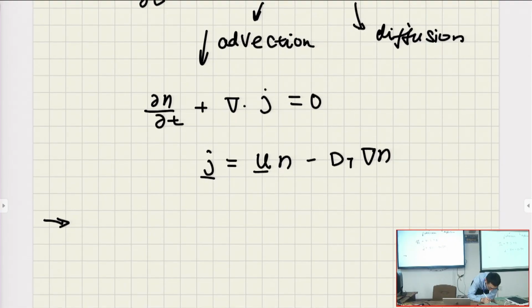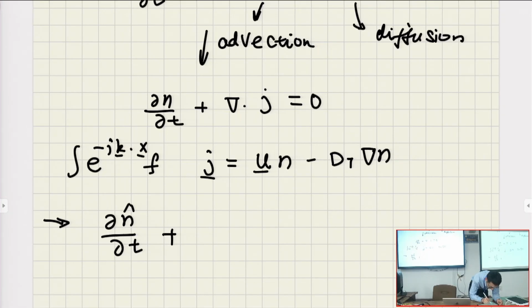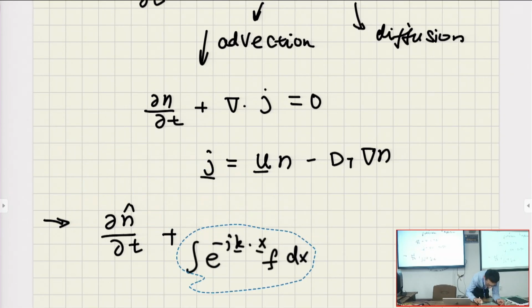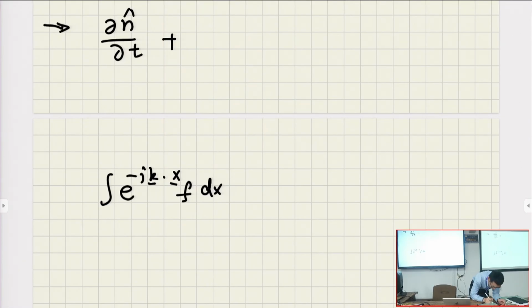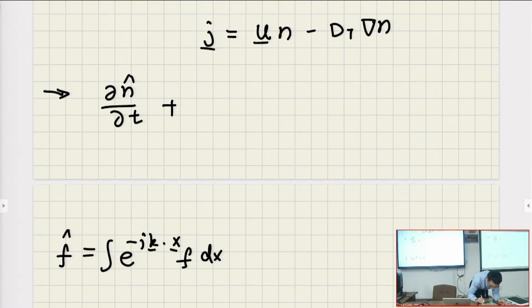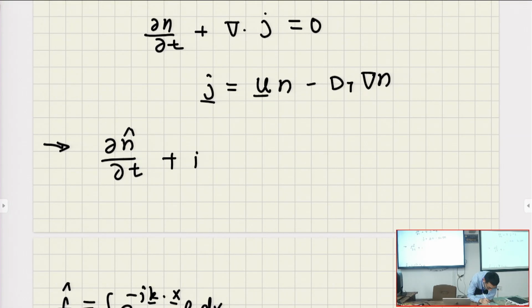And so if we do that to this equation here, the gradient operator becomes just ik. Depending on notation, the notation I'm using here is the integral of e to the minus ikx times the function f dx. That's my Fourier transform, giving f hat. So the gradient becomes ik, and then what I have to do is take the Fourier transform of this vector j, right?